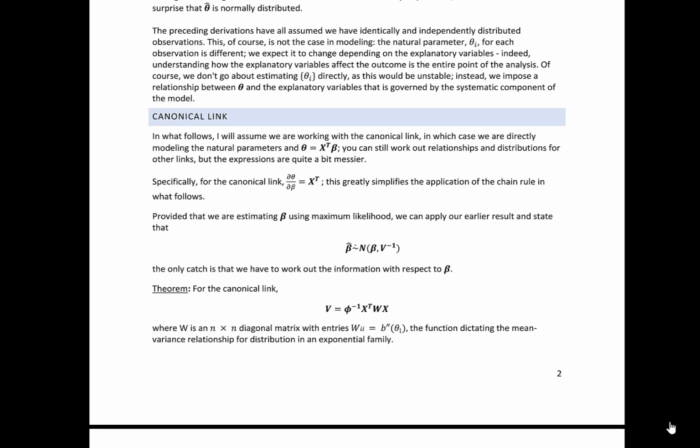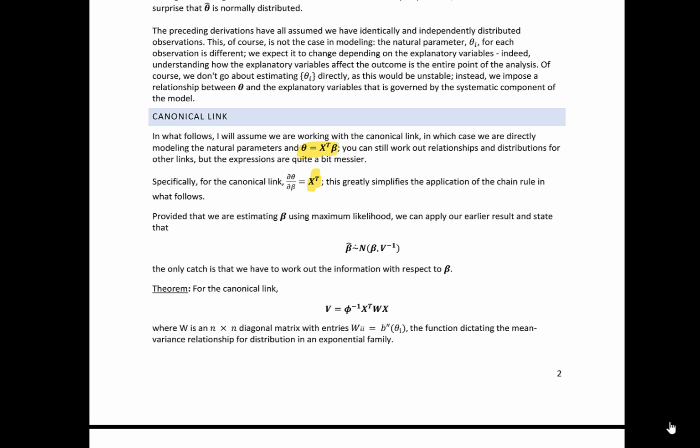messier. If we look here, for the canonical link, the natural parameter is equal to x transpose beta. If we take the derivative of theta with respect to beta, notice that it just becomes x transpose. If you were to go through and do all the derivation, it's greatly simplified.